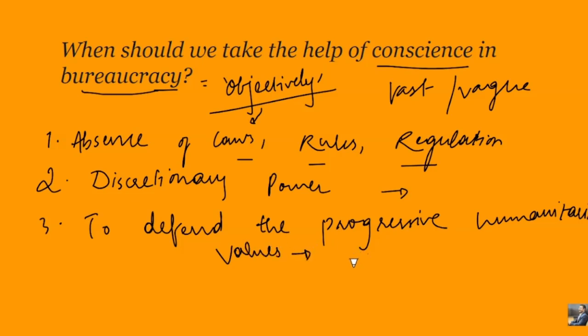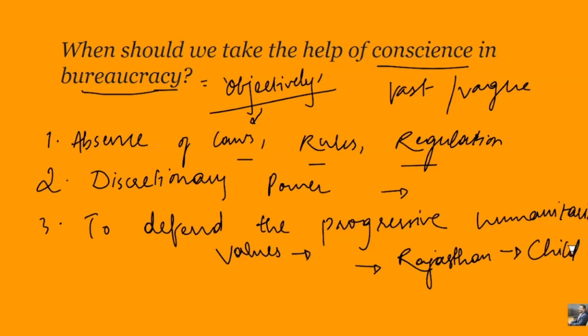Let's say you are a bureaucrat posted in a certain remote location of Rajasthan, and there you hear of a case of child marriage which will be conducted in mass.